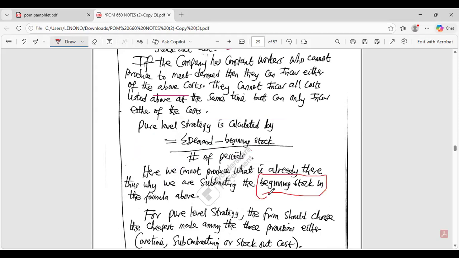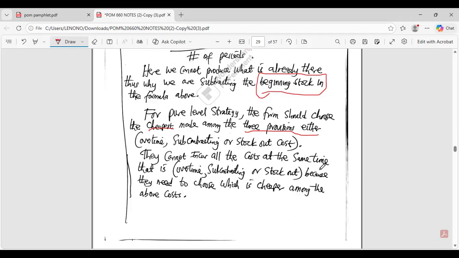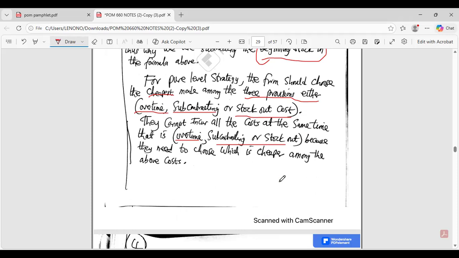For the pure labor strategy, the firm should choose the cheapest mode among the three provisions: overtime, subcontracting, or stockout cost. They cannot incur all the costs at the same time, because they need to choose which is cheaper among the three.